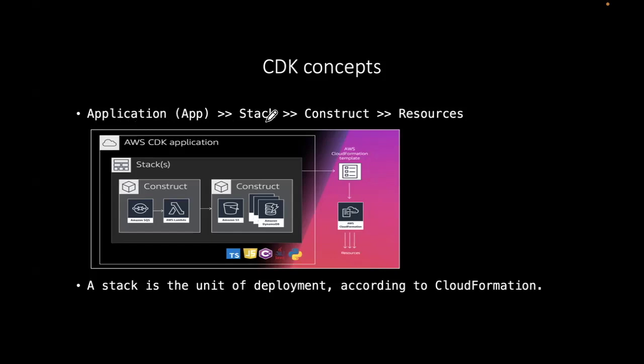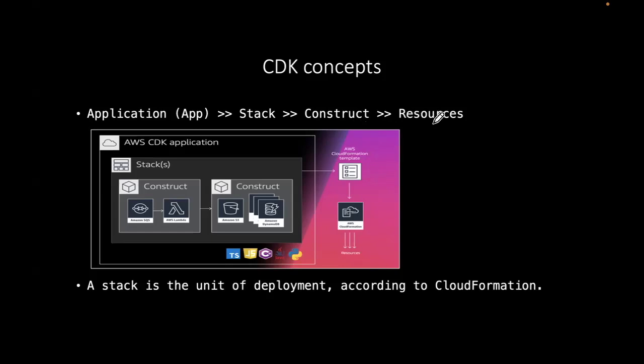In the main, we will only have one stack per application. And a stack is a term that you would have used when talking about the CloudFormation service in DevOps last year. A stack is comprised of constructs, which is a CDK concept, and a construct is comprised of one or more, typically more anyway, resources.